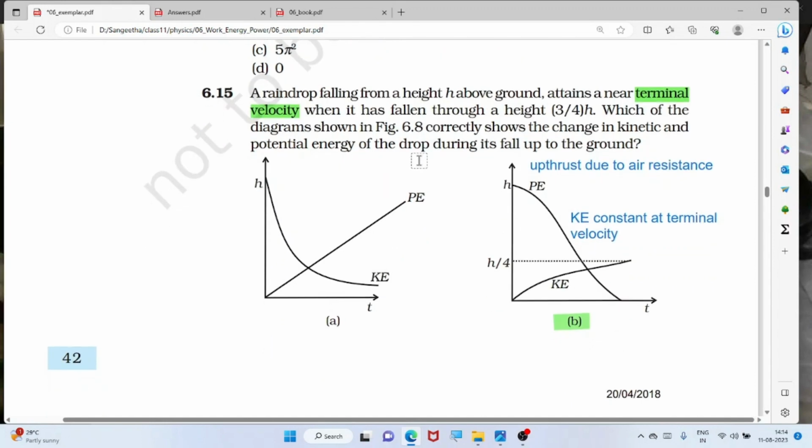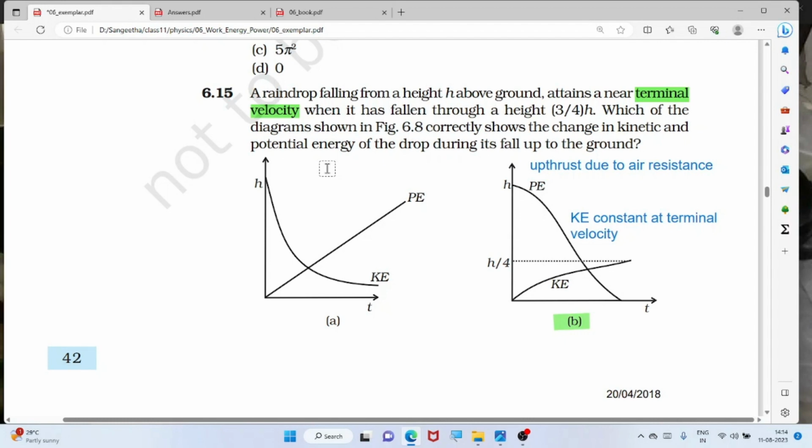A raindrop falling from a height h above the ground attains near terminal velocity when it has fallen through a height of 3/4. Up to 3/4, it reaches the terminal velocity. Which of the diagrams shown correctly shows the change in kinetic energy and potential energy?